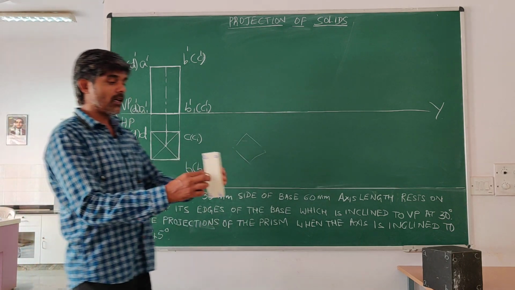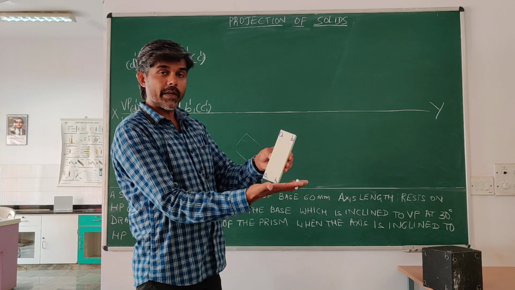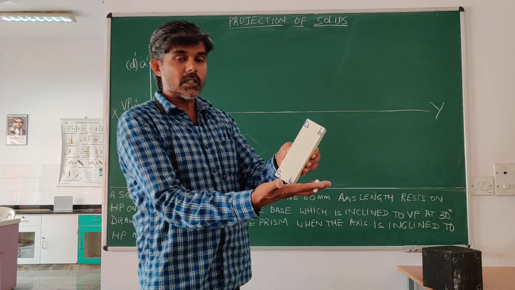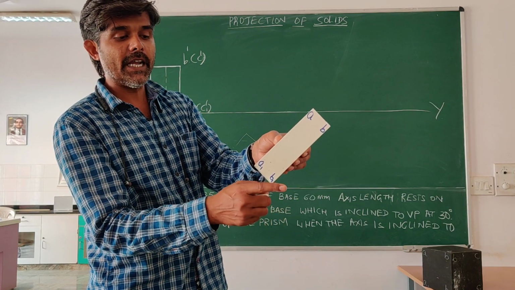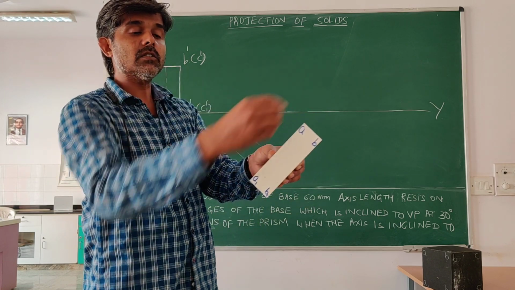So what I will be doing is, I will rotate this way so that we are achieving both conditions. The solid is resting on the edge on HP and also the axis will be inclined.